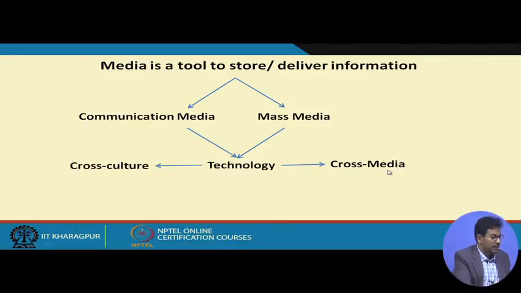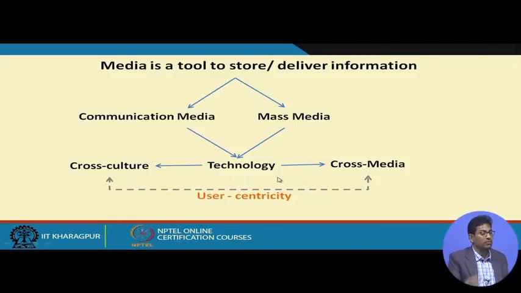So what binds them together is the concept of user centricity or usability, or the focus on the users, which is the need of the day, where these two are being looked at in unison. They cannot be looked at separately, that okay, I'm talking about a particular culture and cross culture, and I will not look into the media. You can't work in that kind of a scenario any longer.